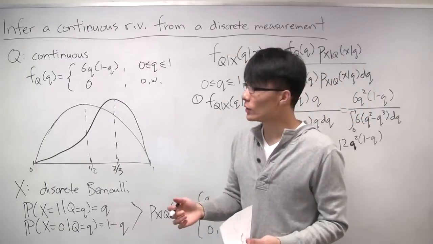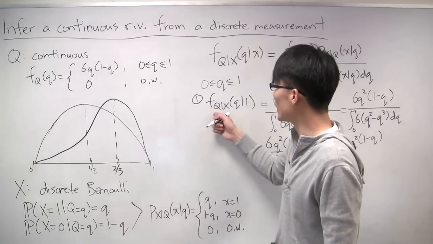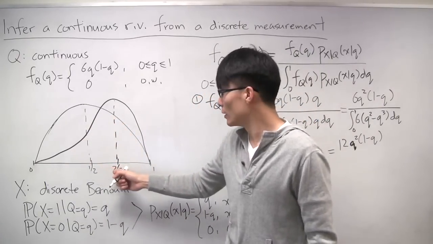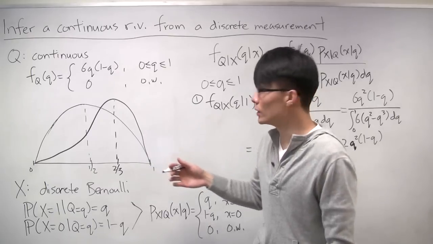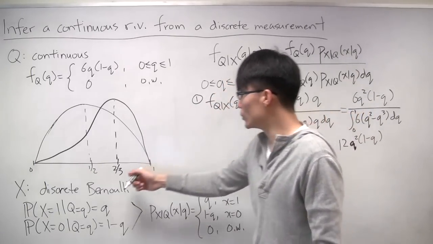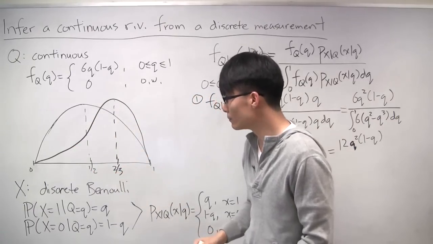So it's relatively more likely to get heads with this coin. So you would believe that Q is more likely to be higher than 1/2. When you go through this reasoning and the Bayes rule, it looks like this, and the peak is now at 2/3.